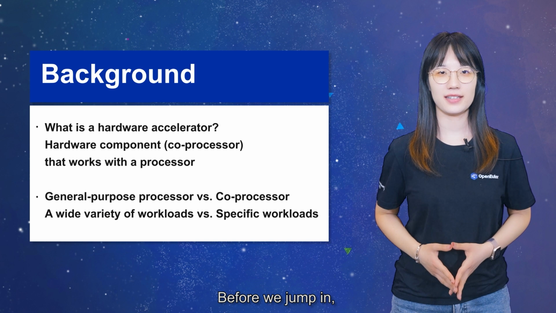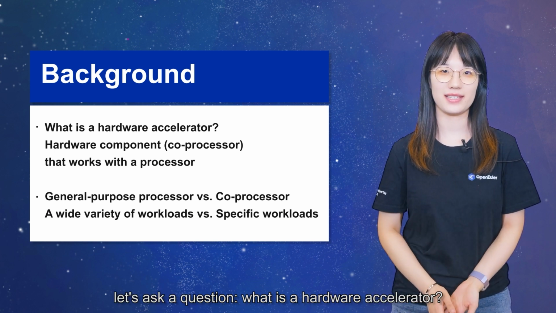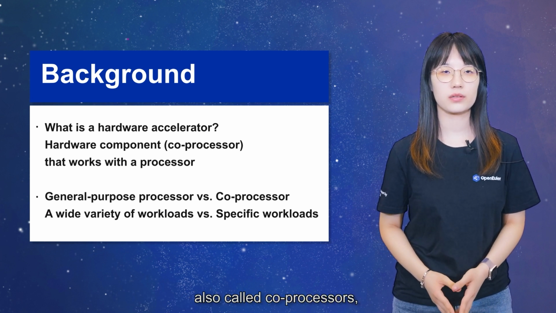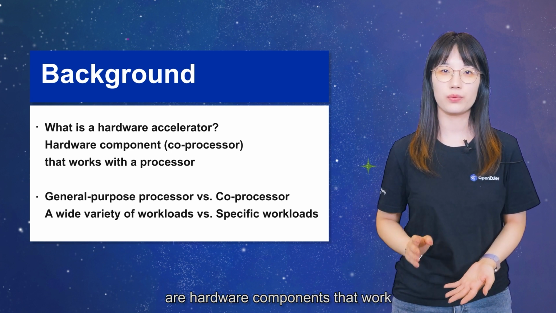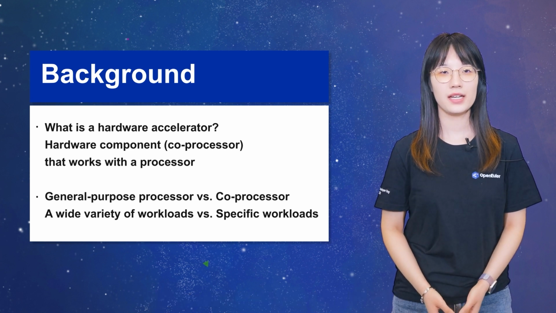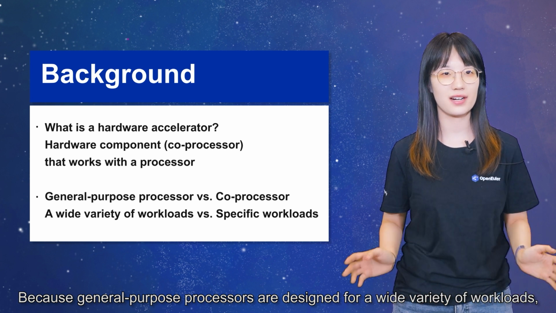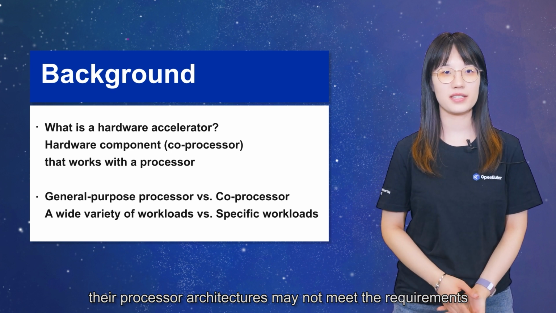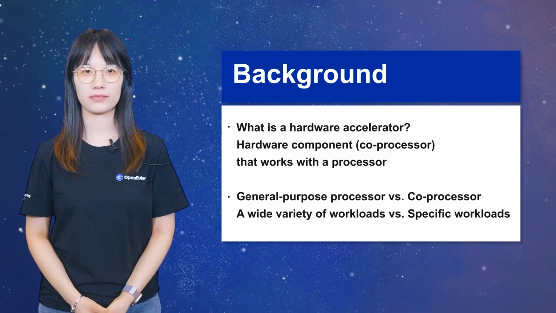Before we jump in, let's ask a question. What is a hardware accelerator? Well, hardware accelerators, also called co-processors, are hardware components that work with processors to make certain tasks faster. Because general-purpose processors are designed for a wide variety of workloads, their processor architectures may not meet the requirements for specific functions or workloads.